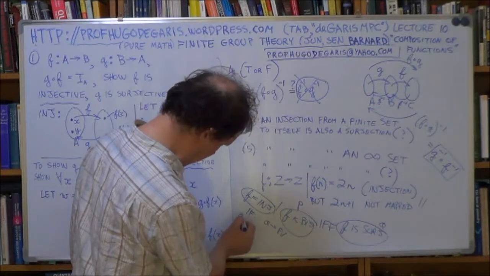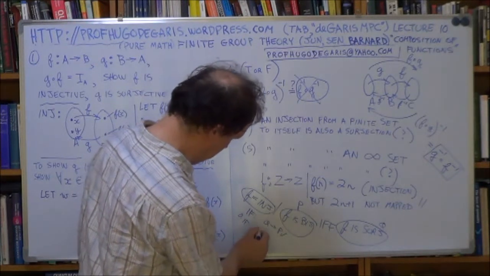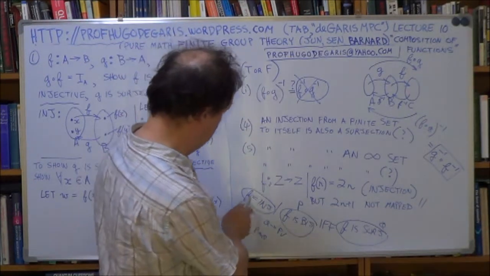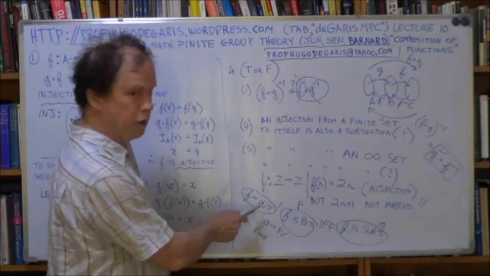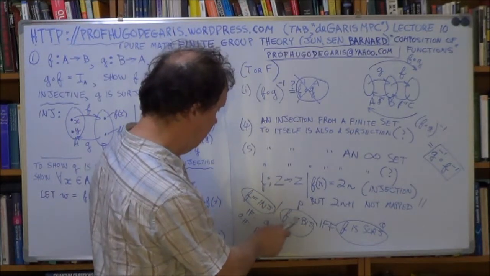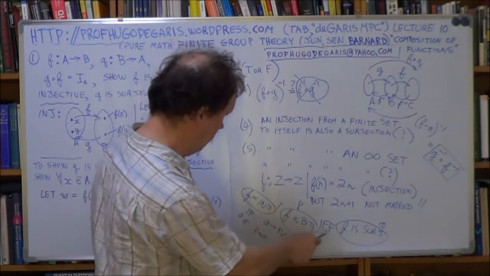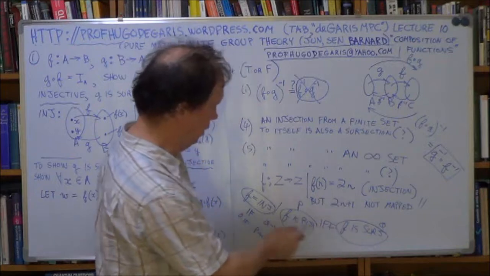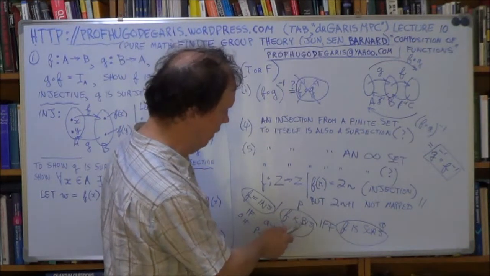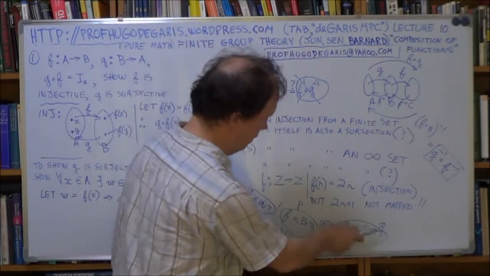Now the only if. That's proving the other way, from P to Q. We know F's injective, that's given. P says F is bijective. And what do we have to prove? That F is surjective. Well, that's trivial, because bijective means injective and surjective, so it must be surjective.